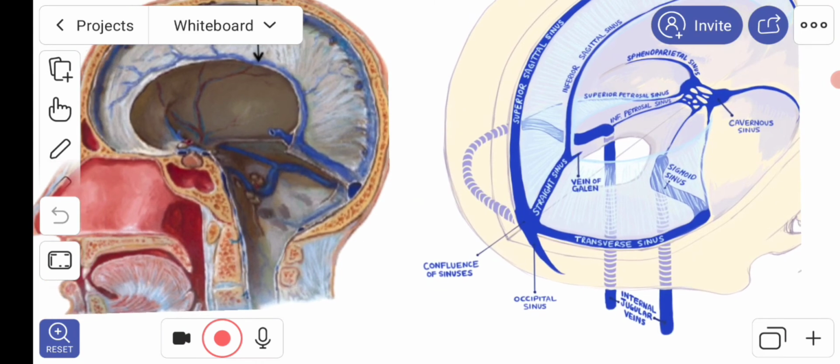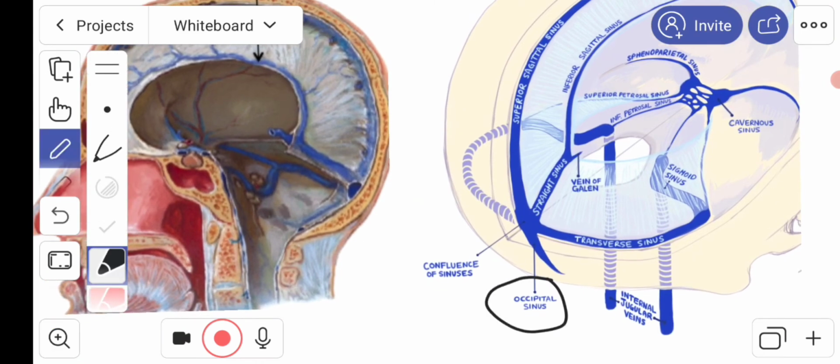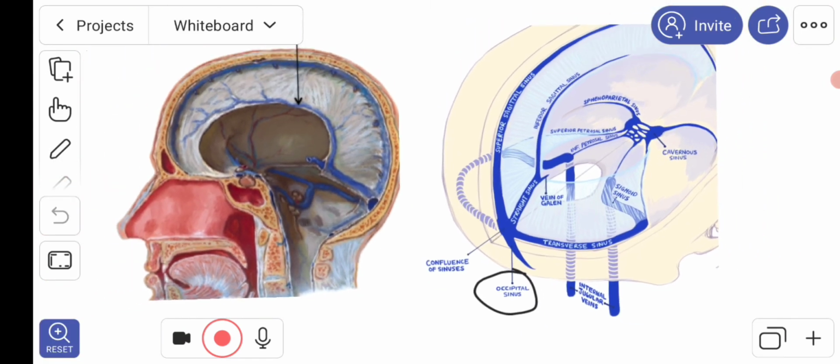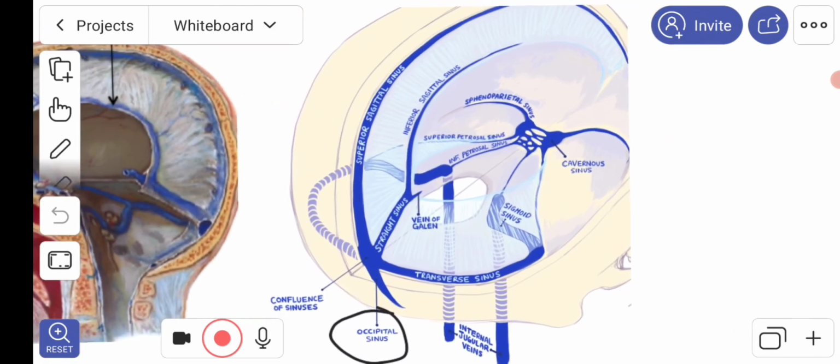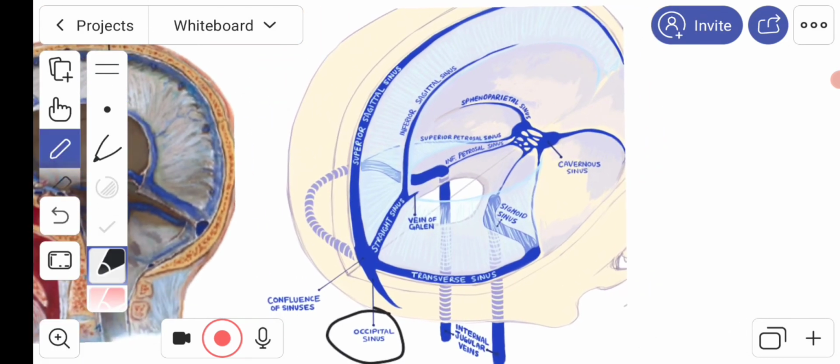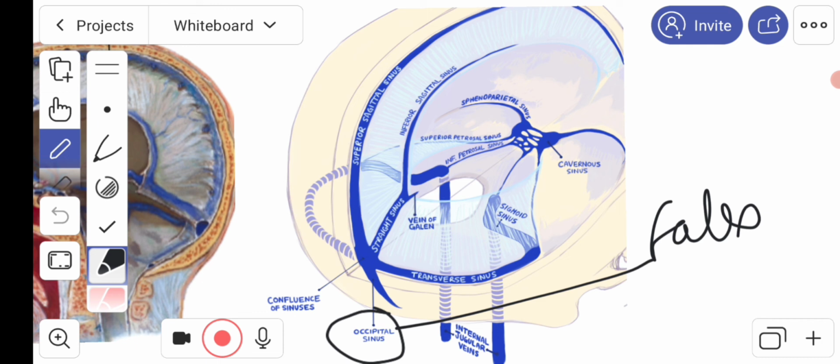This is the occipital sinus. If we see in this diagram, this is the occipital sinus. It is the smallest sinus. It is situated along the attached margin of the falx cerebelli.